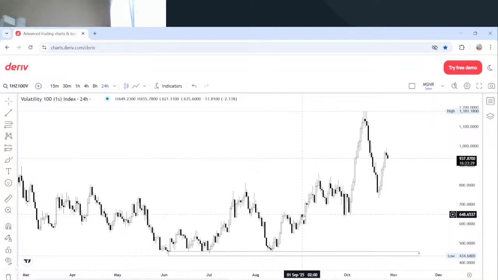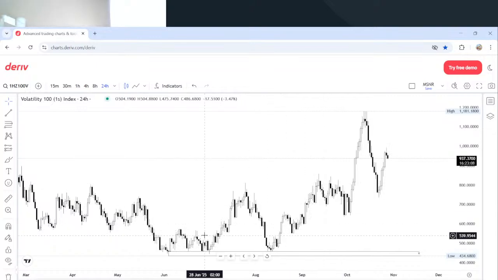Breakout. All right, what did I leave? Okay, so as we look at the V100S, it had already started. There was a break of structure.